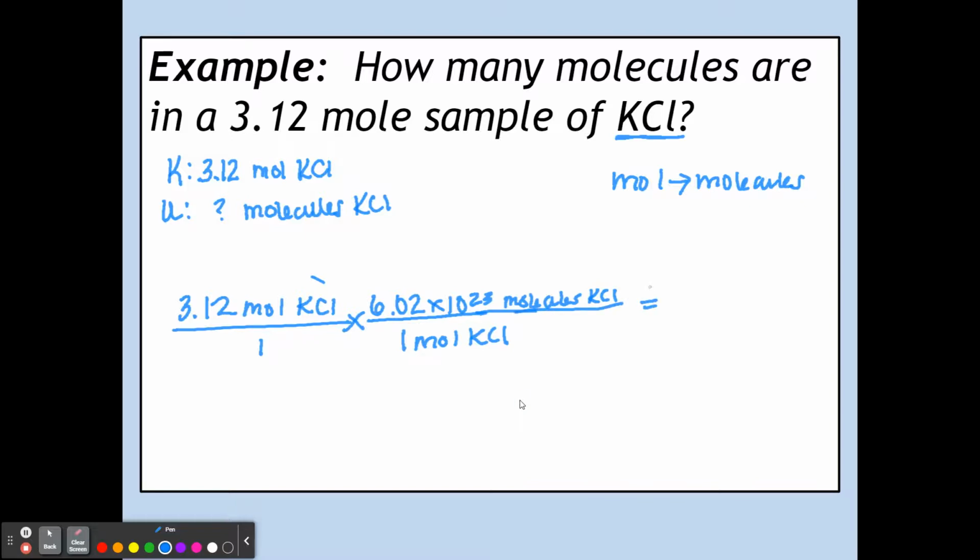I'm going to go ahead and multiply that out. My answer is going to be 1.88 times 10 to the 24th molecules of KCl.